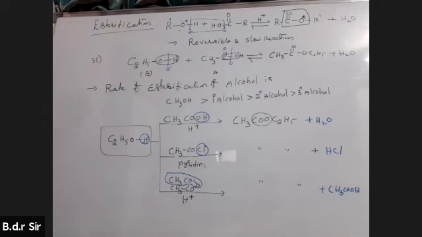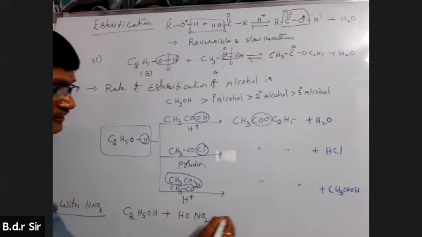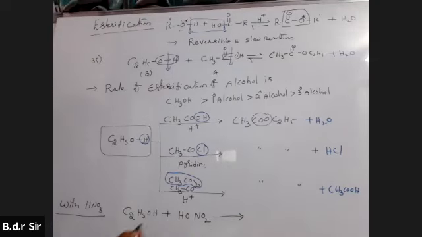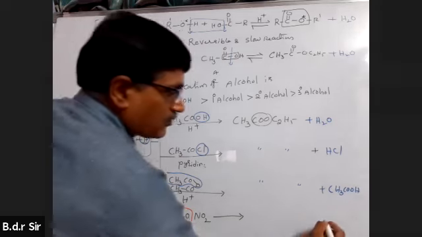Next one, with nitric acid. Alcohol, best example ethyl alcohol, reacts with nitric acid. Nitric acid representation HNO3, actually representation OHNO2. It gives rise to what product? Here OH bond breaking, hydrogen and OH group converted into water.